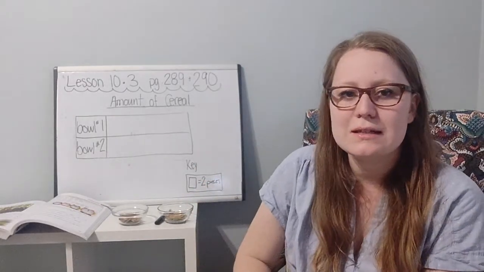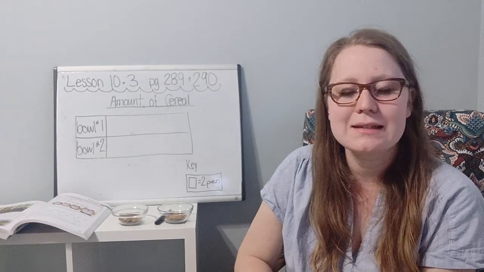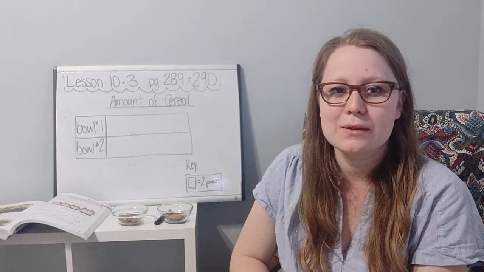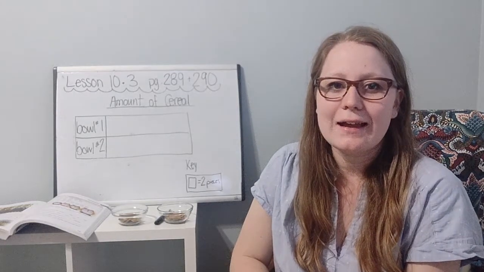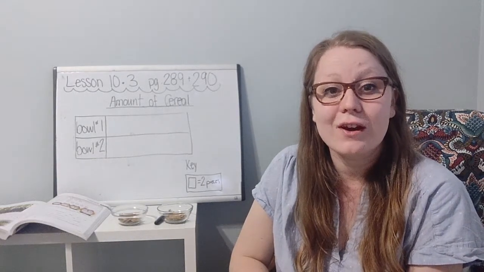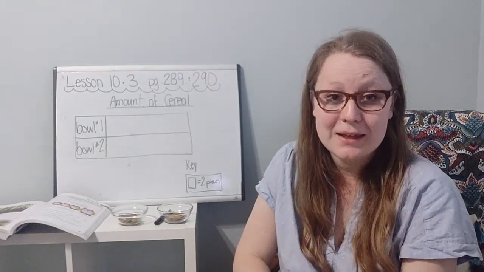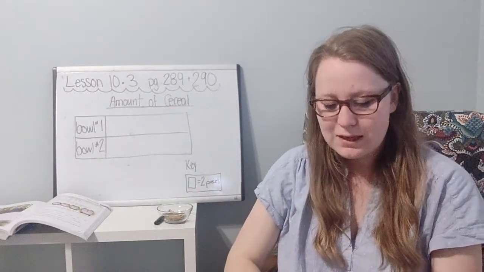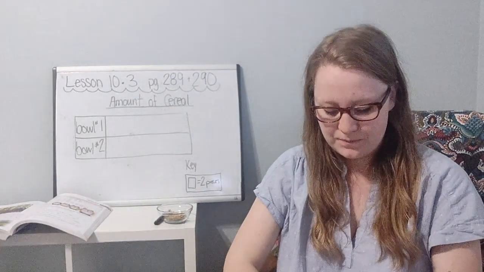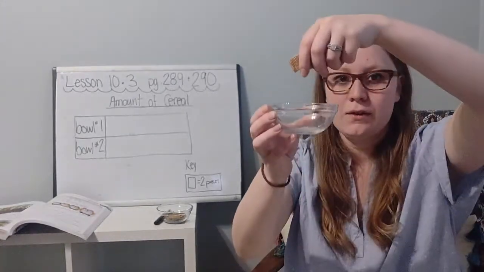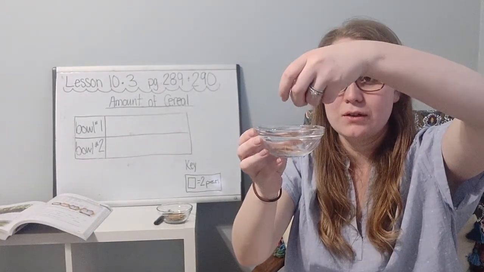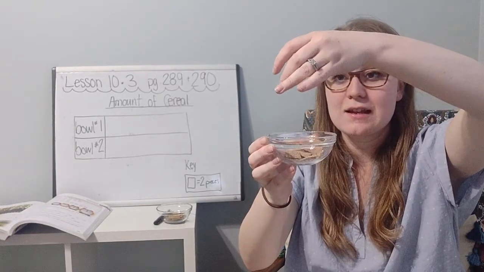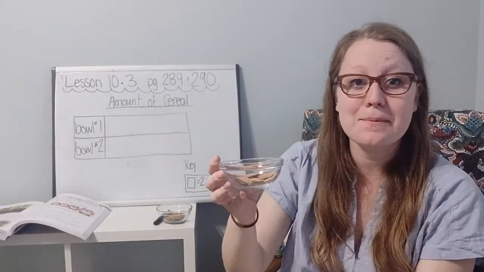What I need to do is count out how many pieces of cereal are in each bowl. So I'm going to do that really quickly, and then I'm going to draw a picture for every 2 pieces, okay? So let's take bowl number 1. I'm going to count out how many there are. Maybe you can help me. Okay. 1, 2, 3, 4, 5, 6, 7, 8, 9, 10, 11 pieces.